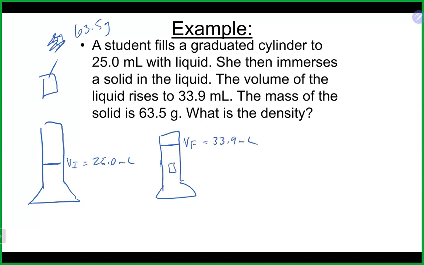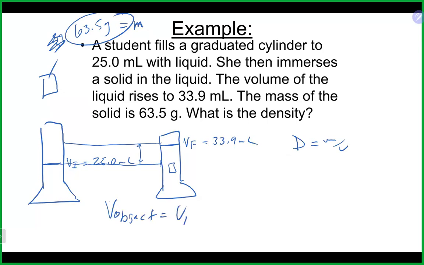So once again, we're looking for our density. And we can find that by getting the volume by the difference between our initial and final volume. Density again is our mass over volume. We obviously have our mass right there. So to get the volume of our object, it's going to be the final volume minus the initial, which in this case is 33.9 milliliters minus 25 milliliters.